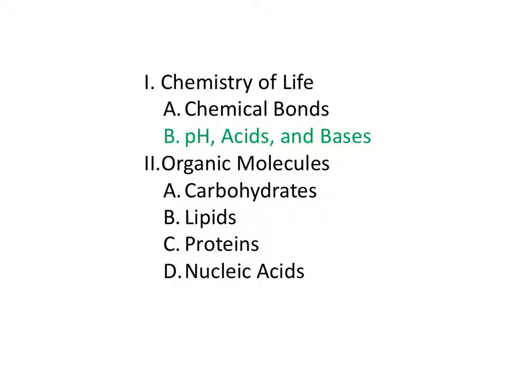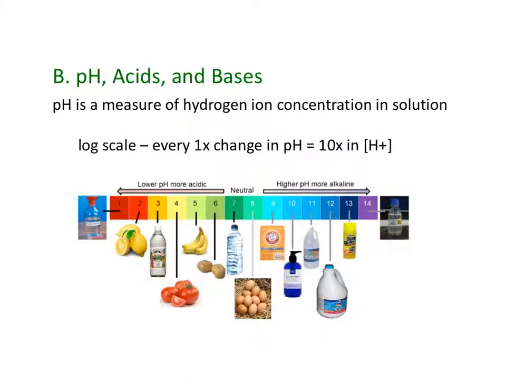So with that, we're ready to move on and start talking about pH, acids, and bases. pH is a measure of hydrogen ion concentration in solution, and how you calculate it is, I'm going to change colors to blue, pH is equal to the negative log of the concentration of protons or hydrogen ions.